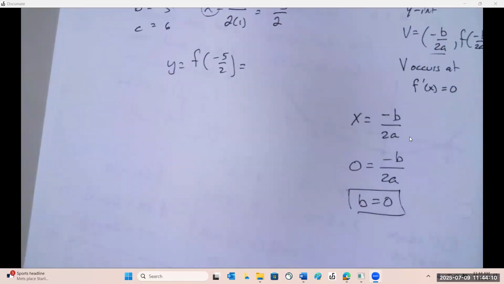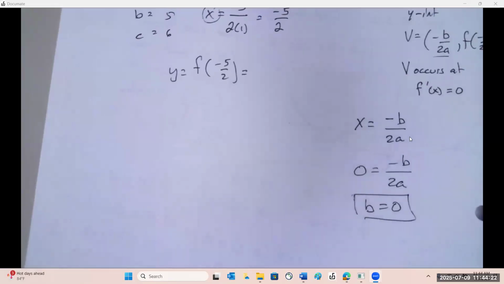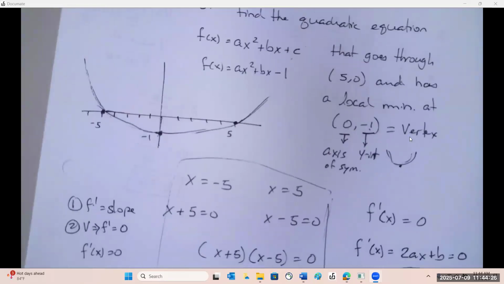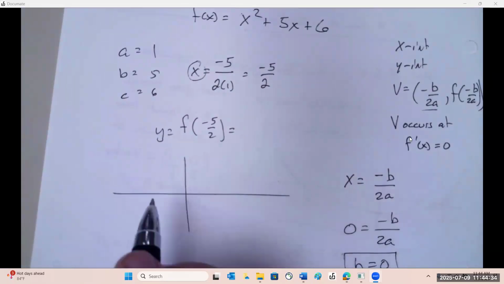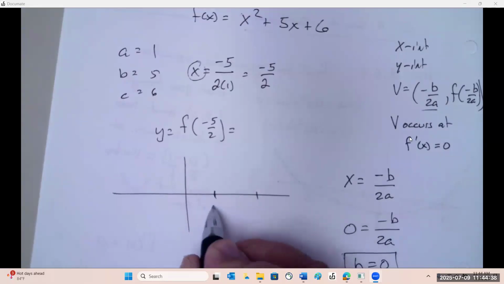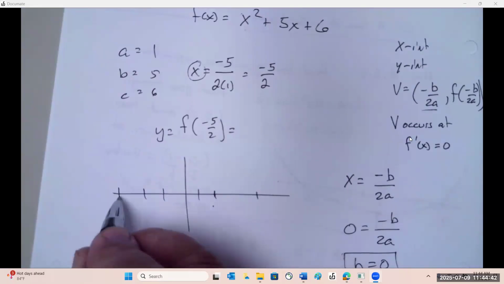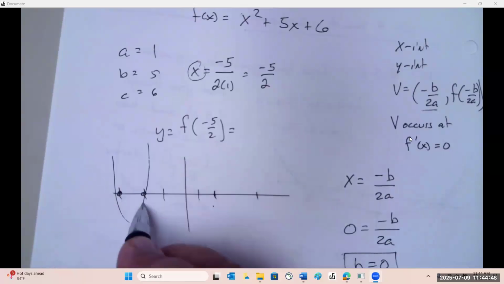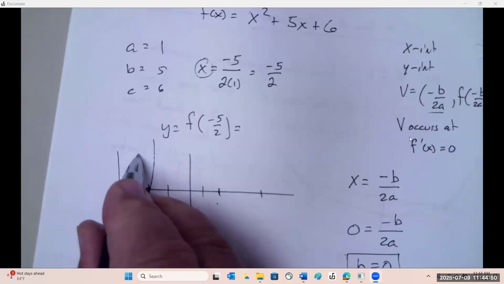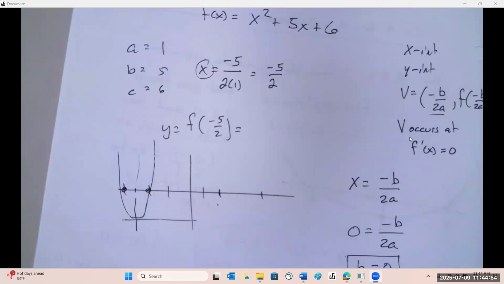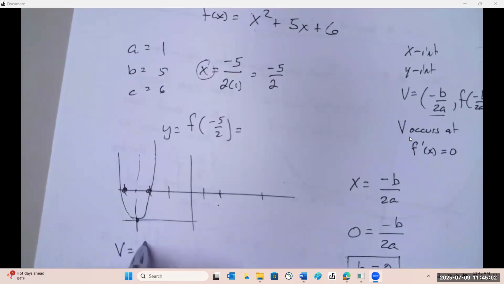So we know b is 0. Okay, so we have the vertex here at negative 5 over 2, and whatever y value that equates to.